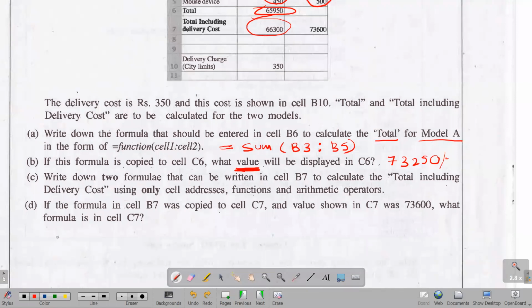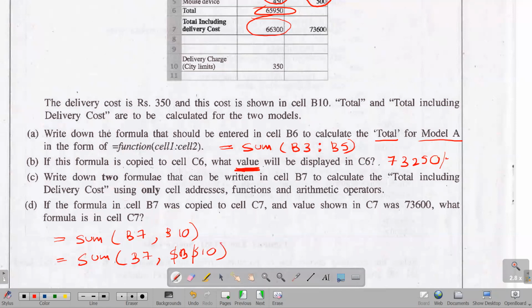Right, we can write it like this: equals SUM(B7, B10). And assuming that it will be copied to the other column as well, you can write it like this as well: SUM(B7, $B$10), right?